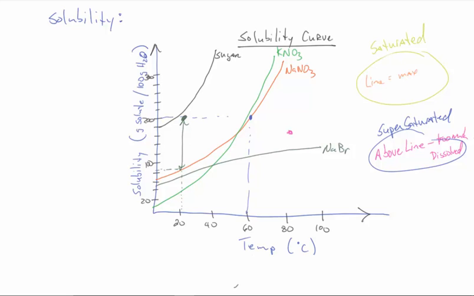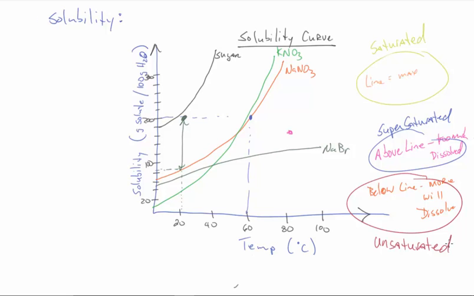And then the last one that we can deal with is actually below the line, right? And here, all we're going to say is more will dissolve. So if I'm below the line, more will dissolve, and you guessed it, we do have a term to describe that, and this particular term is known as unsaturated.